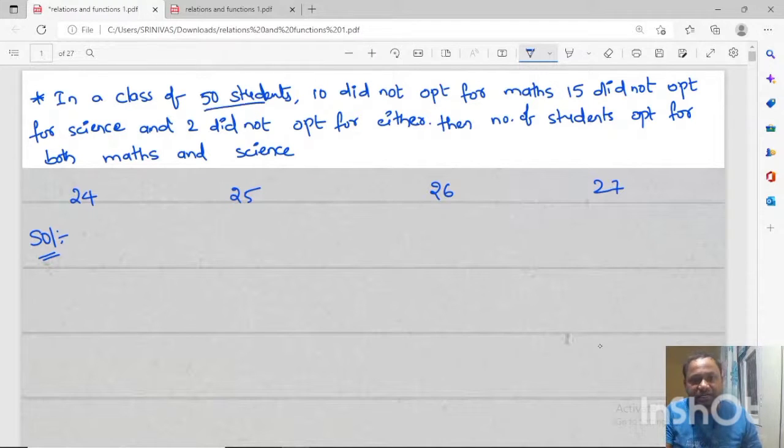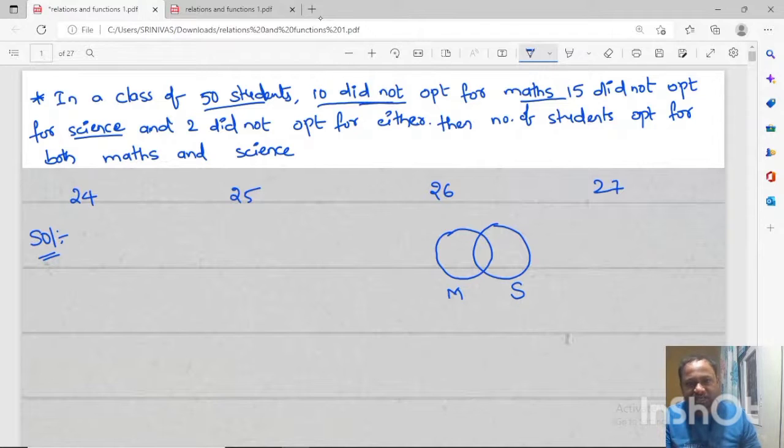10 students did not opt for maths. Here, maths as well as science, both are there. Maths, science. So, 10 students did not opt for maths means they opt for science.